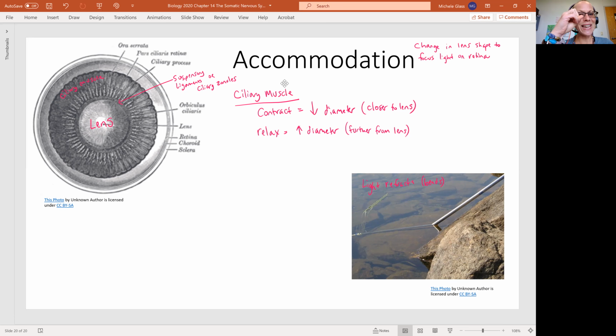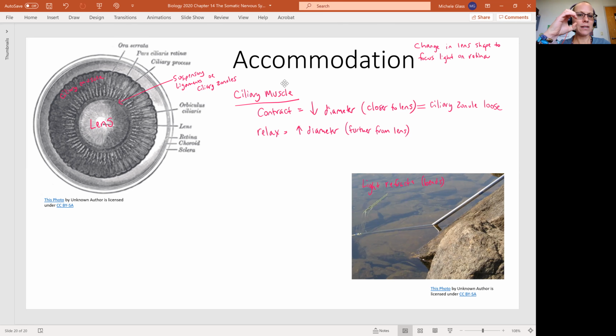If I had strings connecting my lens to my ciliary muscle and my muscle gets really close to my lens, my strings get like real loose. So here I'm going to say my ciliary zonule is going to be loose, loosey-goosey.